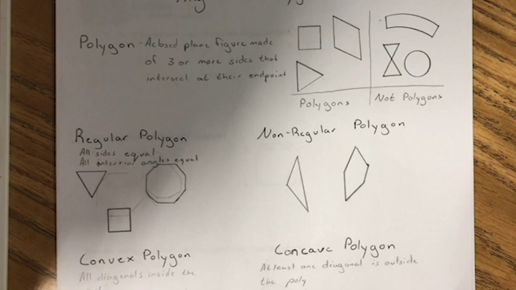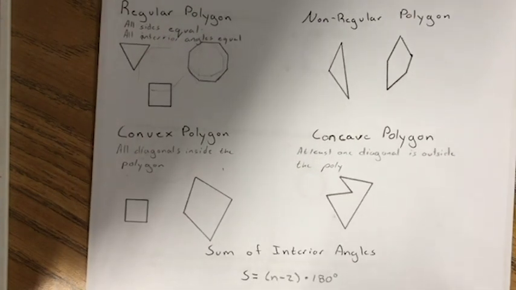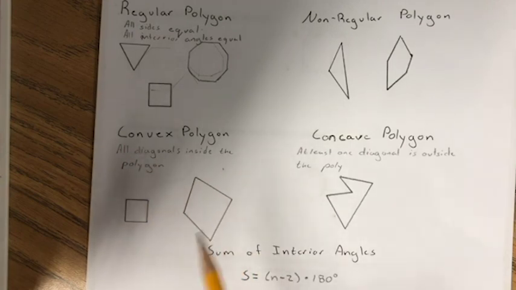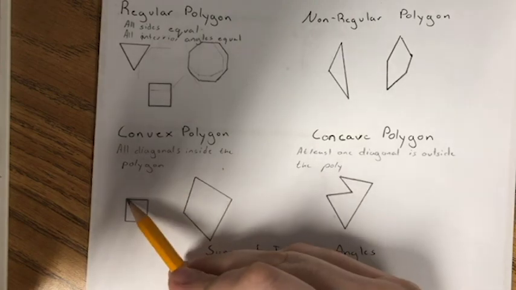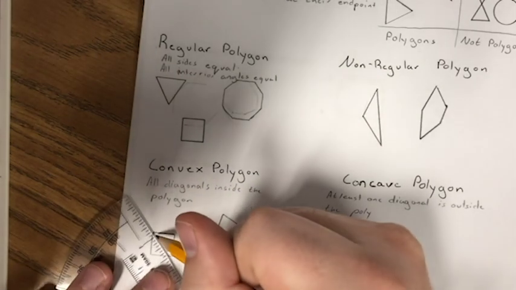Lastly, we have a couple of little terms that go along with it. It's what we call convex polygons and concave polygons. Convex polygons are when all diagonals are inside the polygon. Let me show you what I mean by diagonals. If I were to draw a line from this vertex to this vertex, that's what we would call a diagonal.